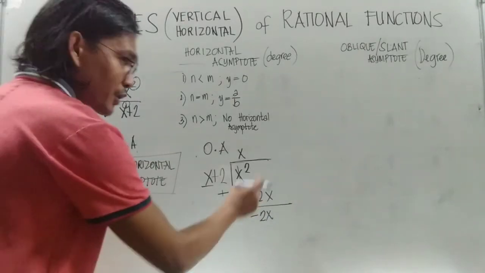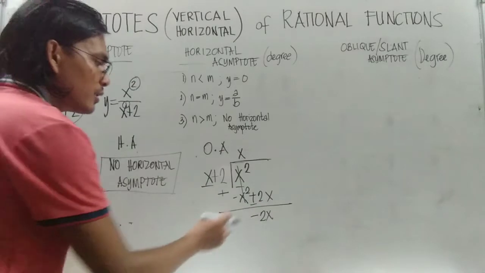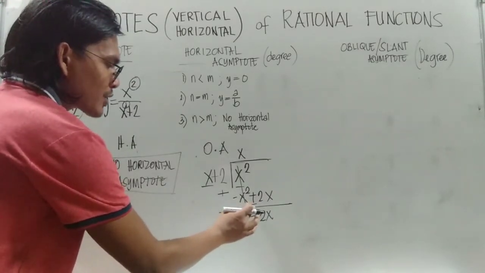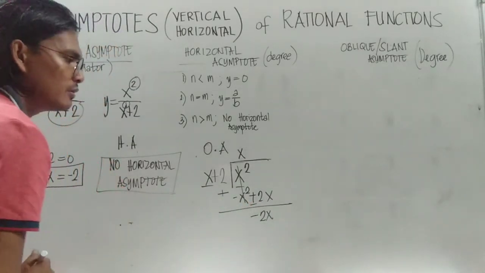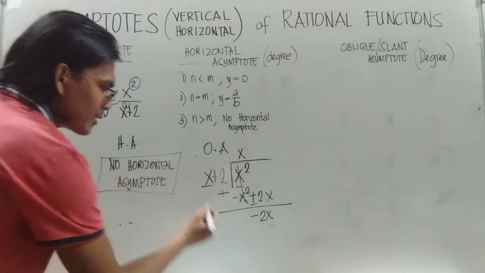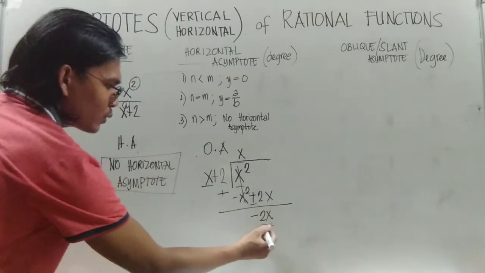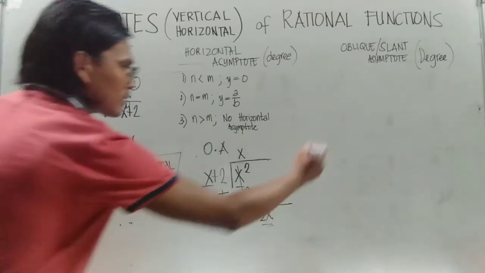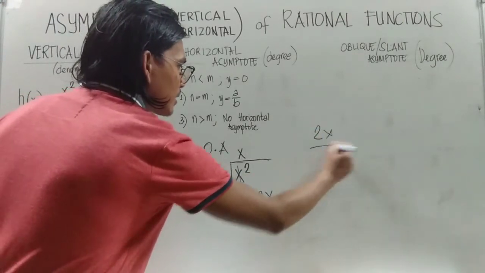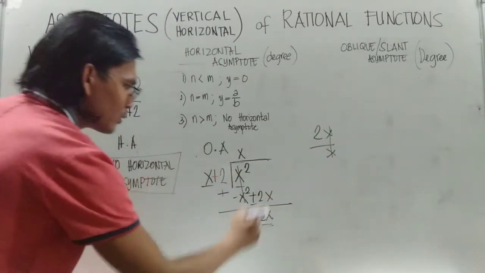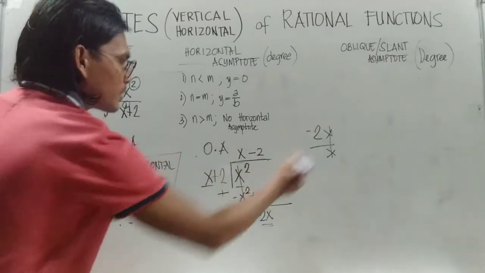The rule of subtraction, if you can check the other video, is to change the sign of the subtrahend and proceed to addition. Then we have negative 2x divided by x, so we have negative 2 remaining.